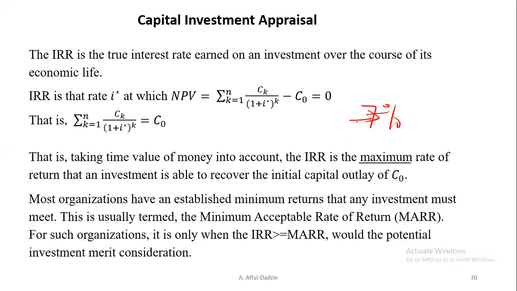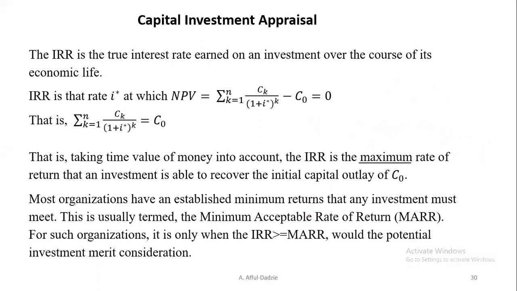So this 7% becomes your minimum acceptable rate of return. If you get any investment that is higher than or the same as 7%, you would make a decision and say, okay, fine, this investment is worth undertaking, so we will take it. But anything less than 7%, be it 6%, 6.5, 6.8, 6.99, you wouldn't take it.